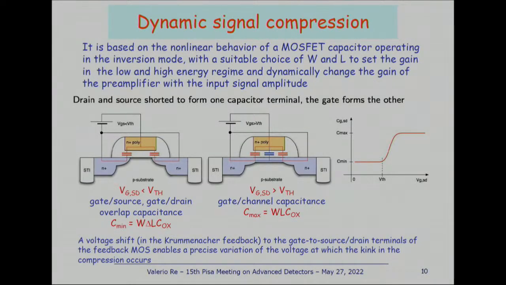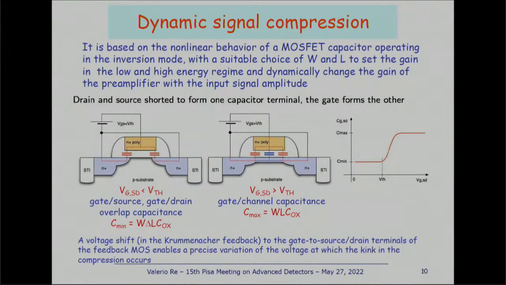Then a few words about the dynamic signal compression. As I said, this is based on a MOS capacitor in the feedback of the preamplifier. At small signal levels, this operates below the threshold voltage of the MOSFET, so the capacitance is just the gate overlap capacitance with source and drain.